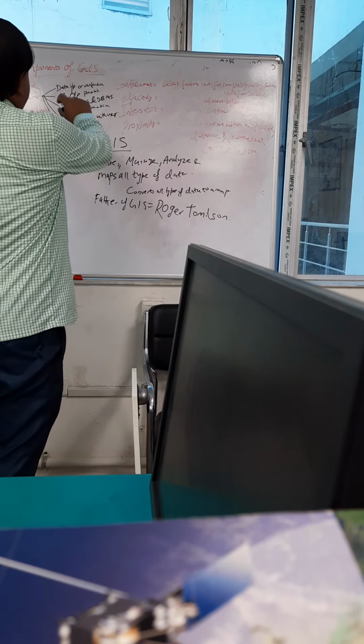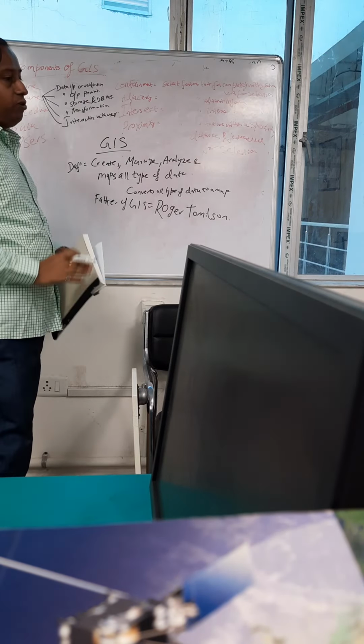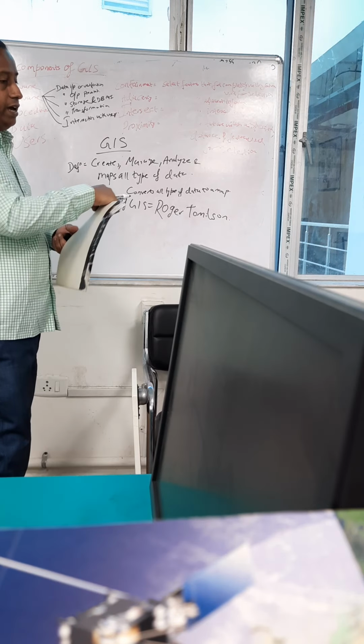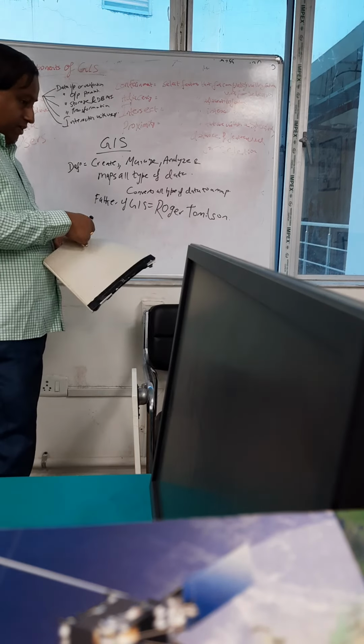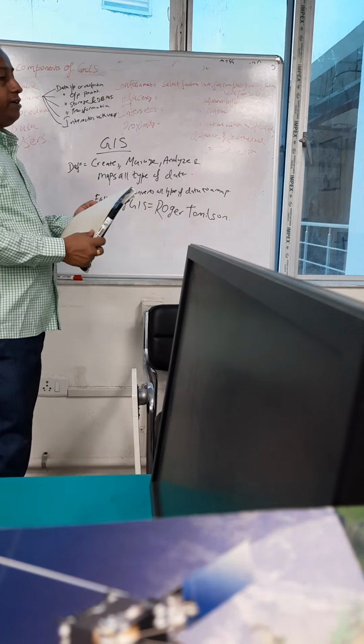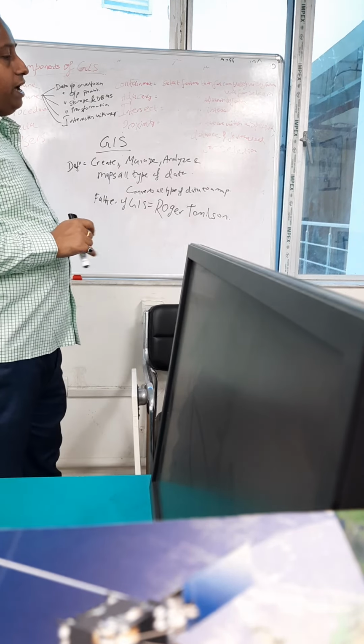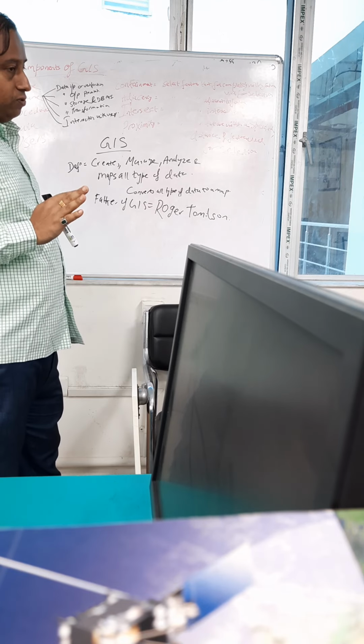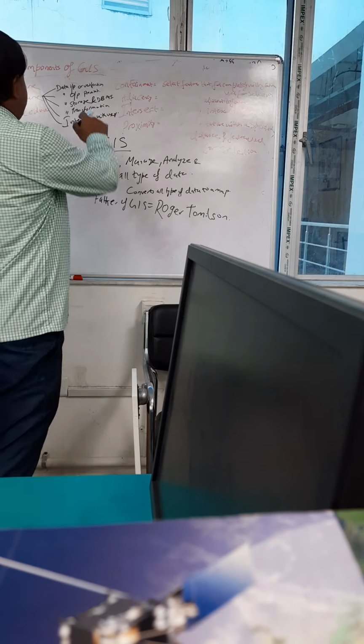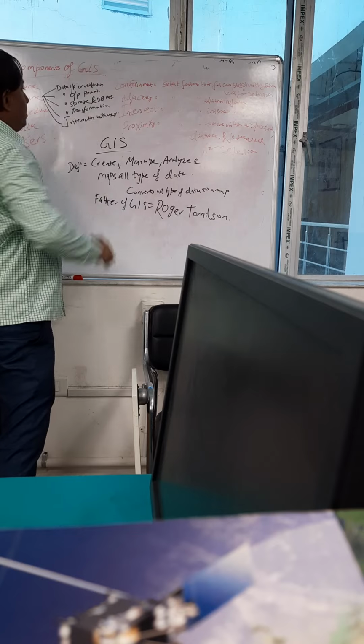And third is the storage and the database management system. Storage means when you process the data, it is stored in a particular location. Even the vector data or raster data stores in a particular location, and we have to manage the data also. That is called storage and database management. Next is the transformation.